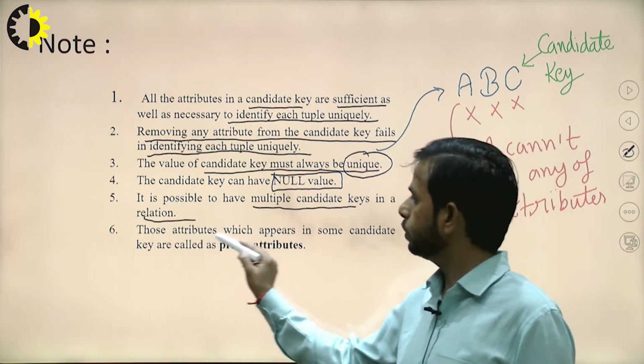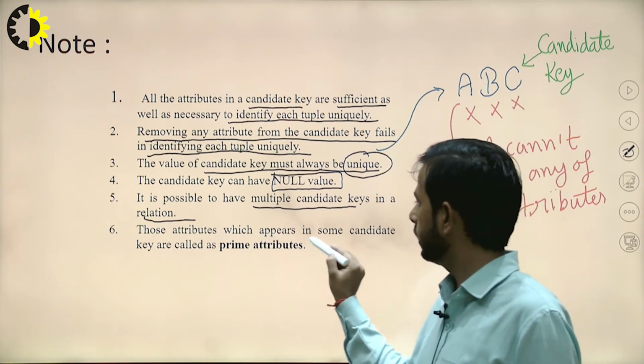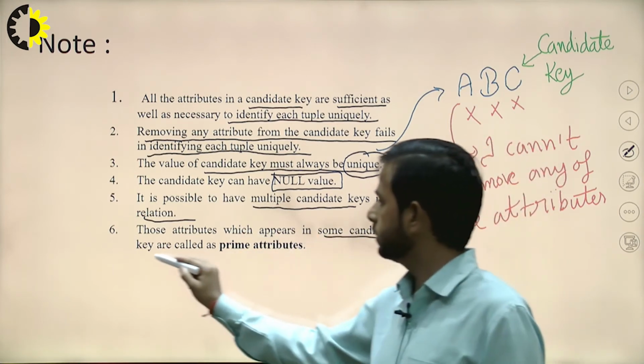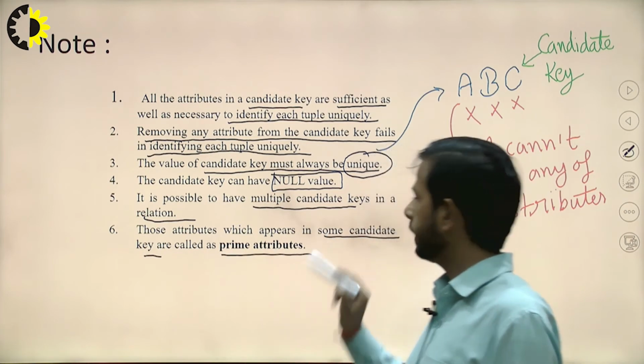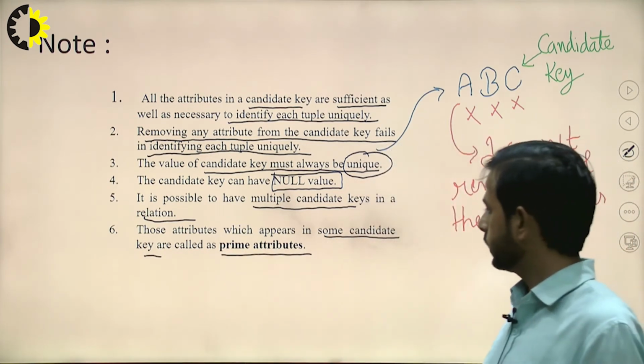Next, those attributes which appear in some candidate keys are called prime attributes.